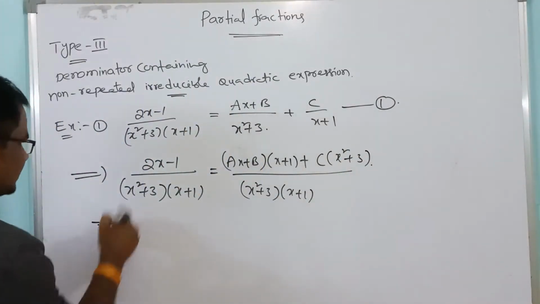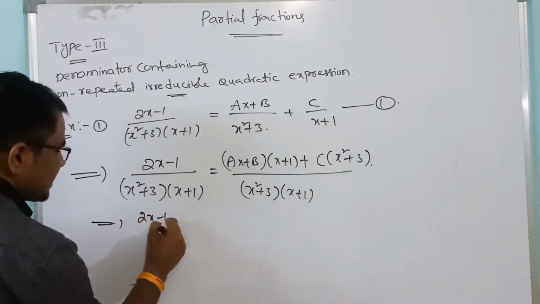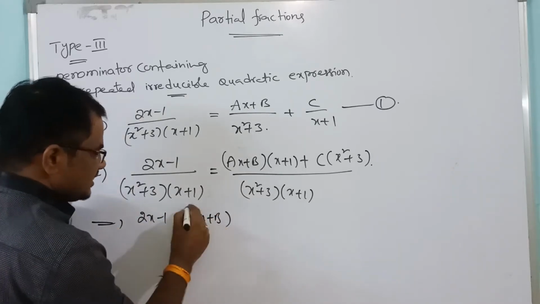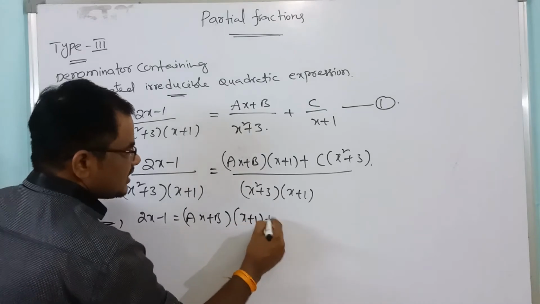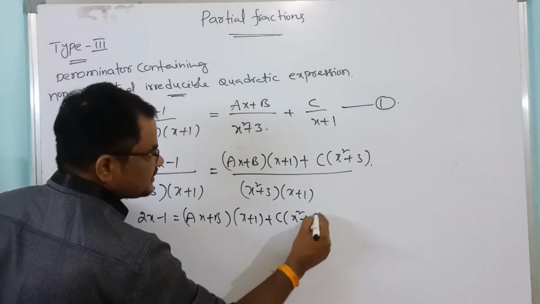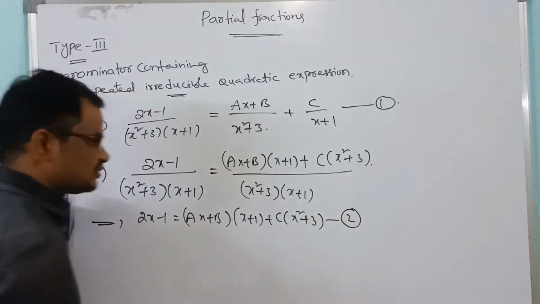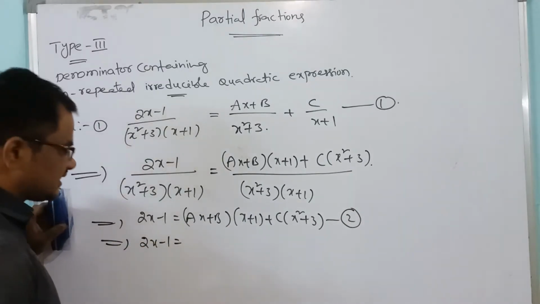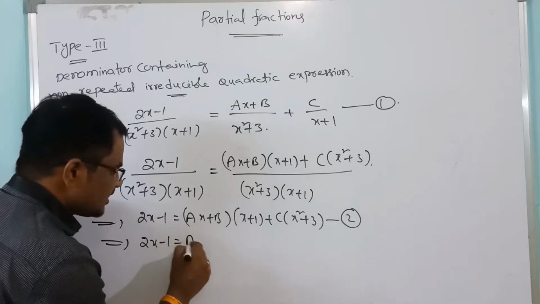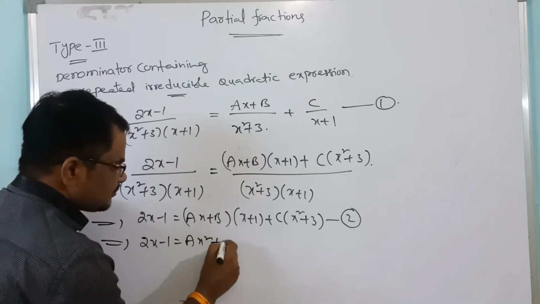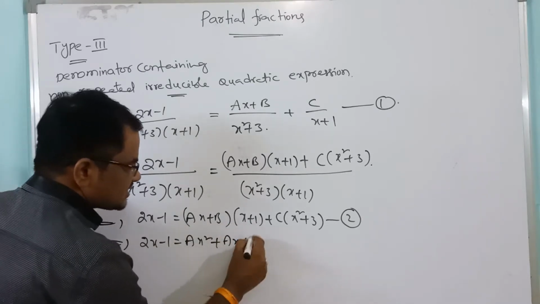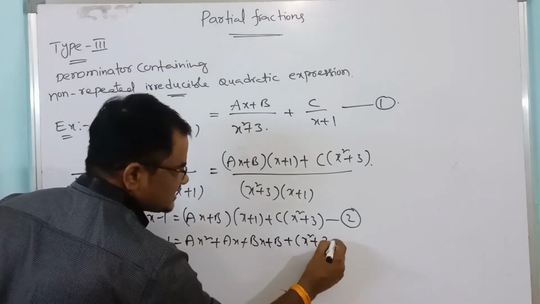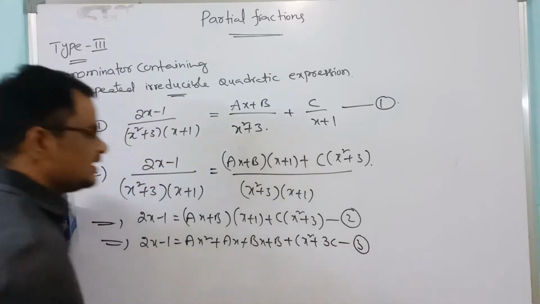Now if you equate these two, 2x - 1 = (Ax + B)(x + 1) + C(x² + 3). Take this as equation number 2. And after simplification, take that as equation number 3. That is, multiply these two: Ax² + Ax + Bx + B + Cx² + 3C. That is equation number 3.